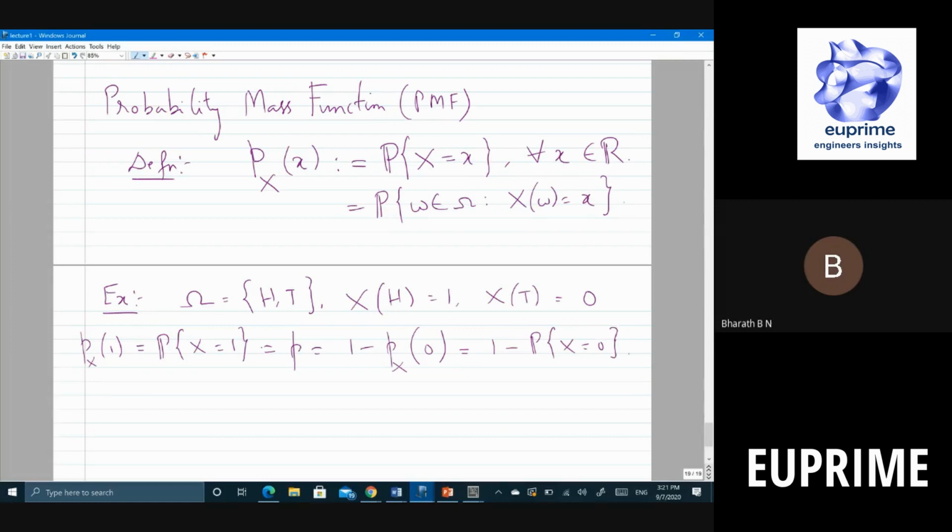Is that fine? This is a simple example of a PMF of a simple random variable which takes 1 and 0, right? There is a name for this. This particular random variable is called, what is that called? A Bernoulli random variable, right? Just look at this. Is this fine?